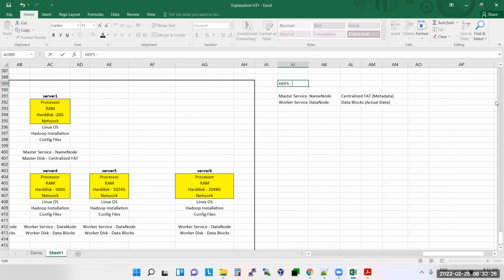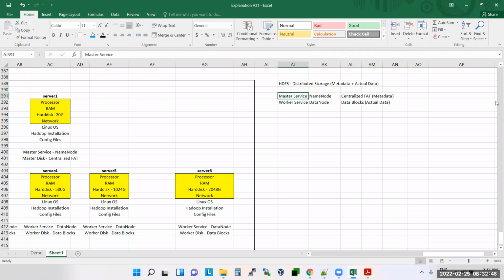When I say storage, it will have metadata plus actual data. HDFS is nothing but a distributed storage, and it should have metadata plus actual data.